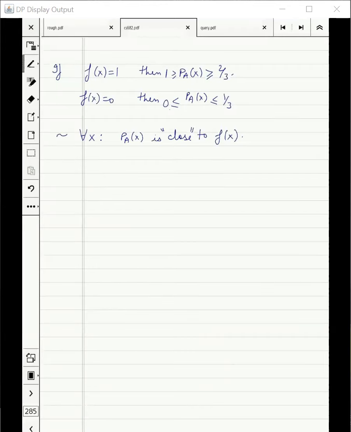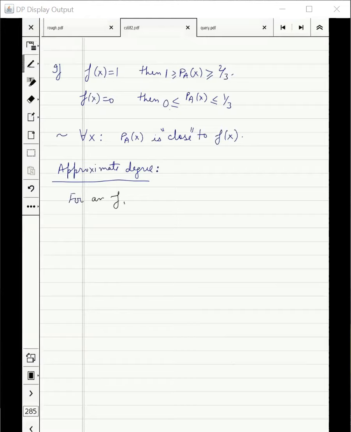Now, this actually gives rise to a very nice mathematical concept of approximate degree. There are actually more than one notions of approximation of a function with a polynomial. We will consider one which is required for us. What is an approximate degree?